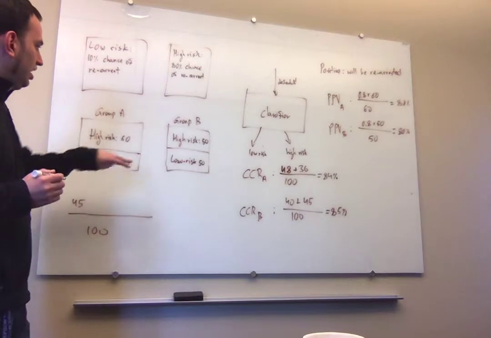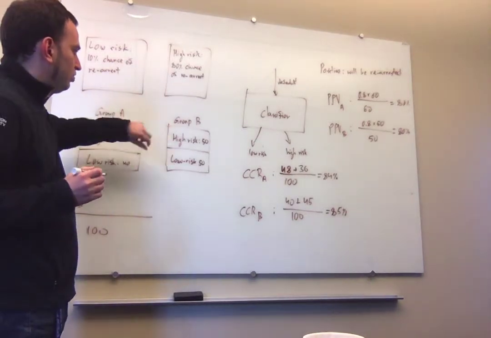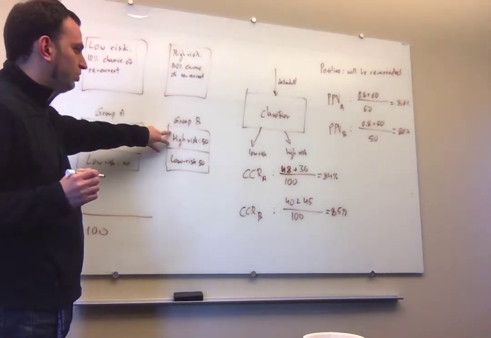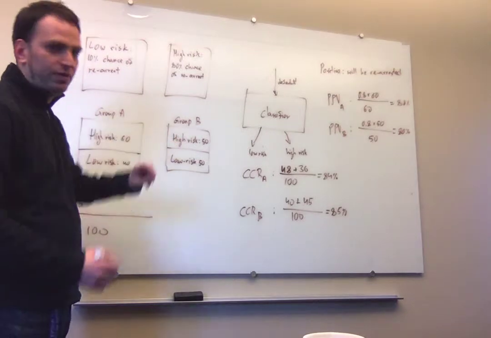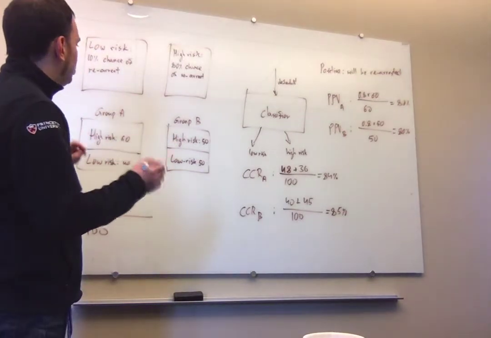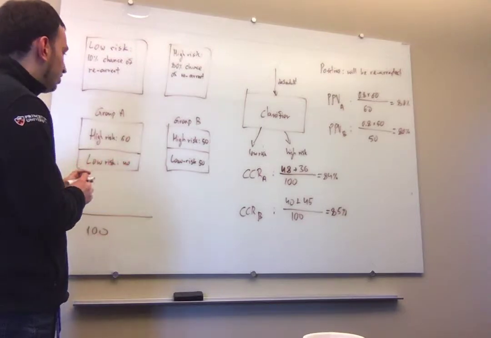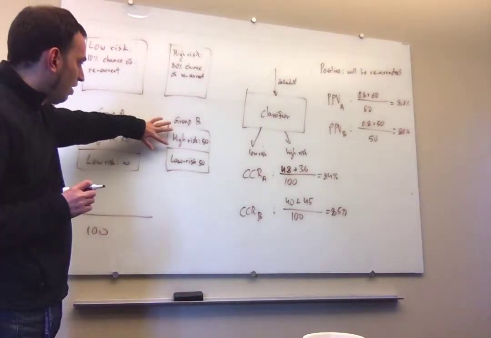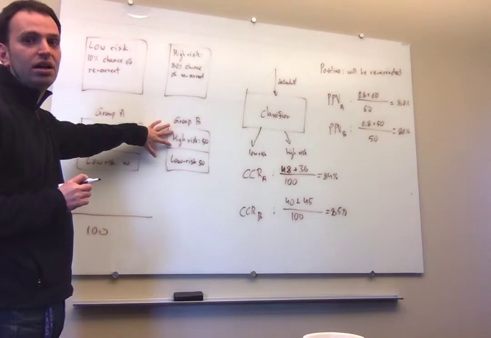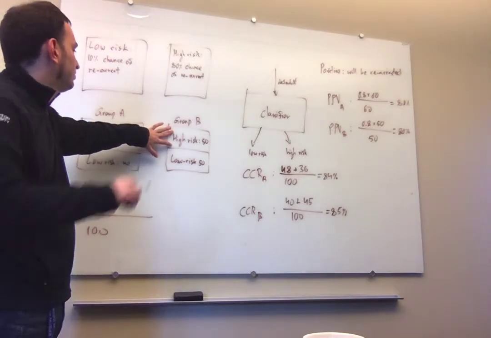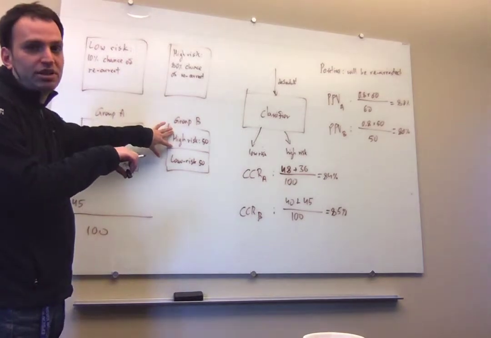Now let's look at the high risk pool. For the high risk pool, we said about 50 will be arrested, and we were correct about 40 of them. Out of those 50, I want to say for some of them that they will not be arrested.